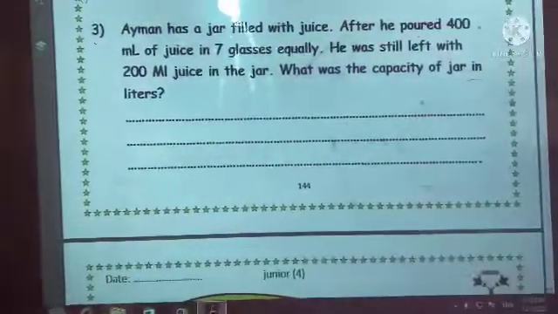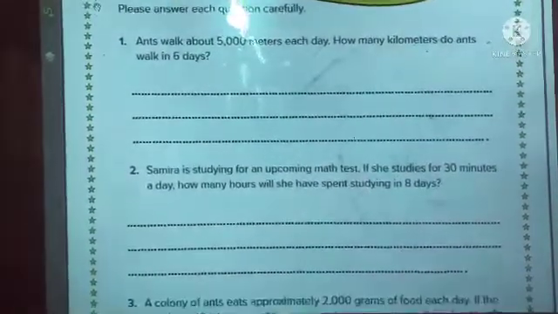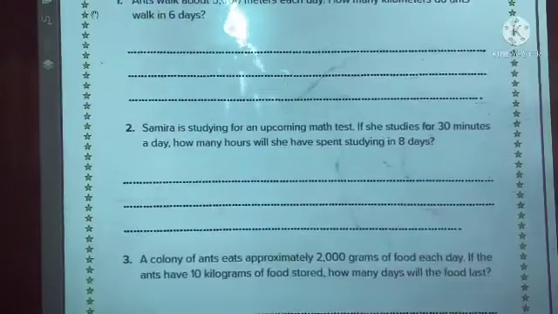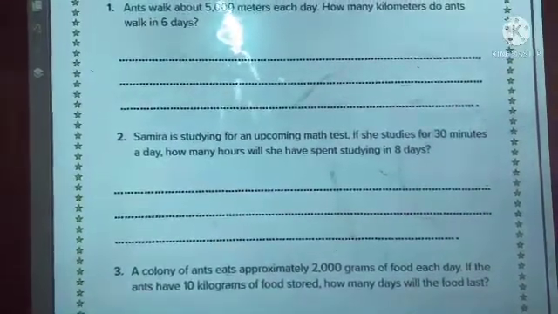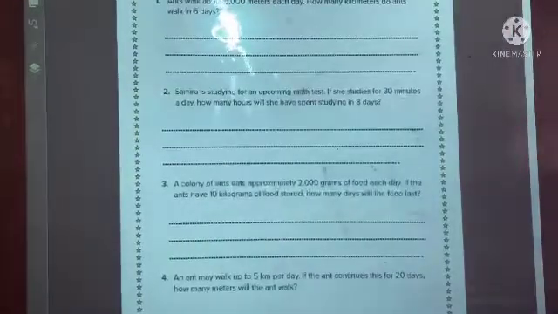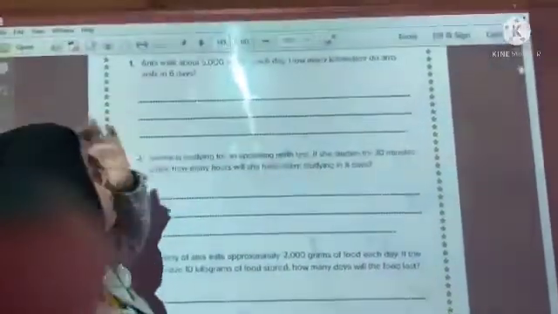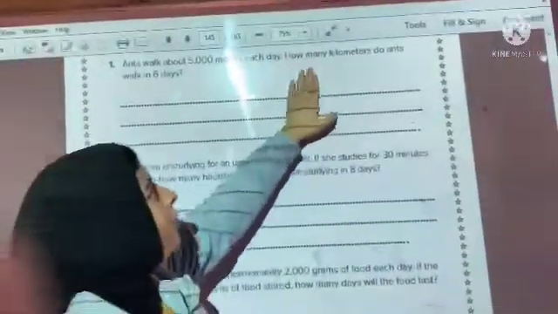Now we're going to move to check your understanding. So here, ants walk about 5,000 meters each day. How many kilometers do ants walk in 6 days?